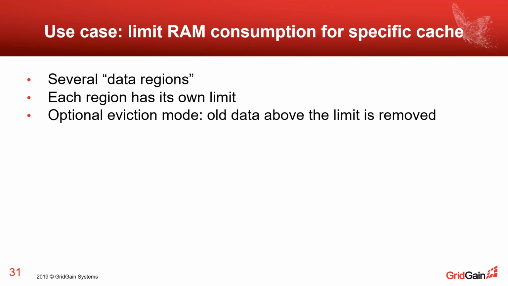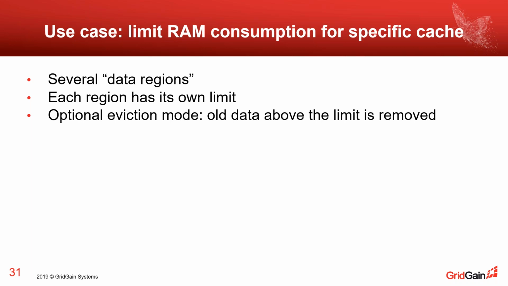And there's another option. You can configure an eviction mode. Eviction mode is a behavior where, if your chunk of memory is overloaded, the Ignite node will not crash with something like an Ignite out of memory exception. Instead, just old data will be removed.